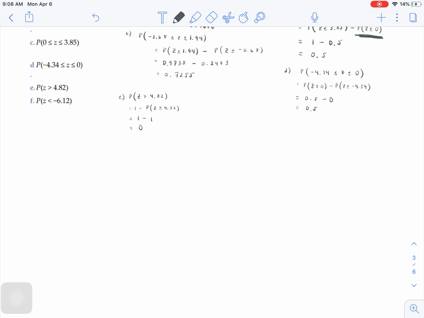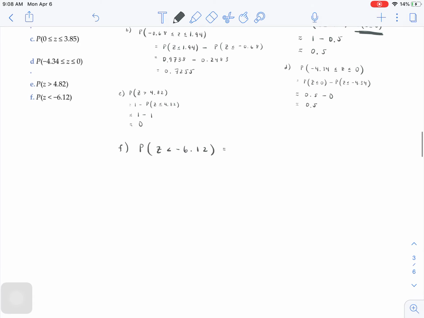Last one, part F. We want the probability that z is less than negative 6.12. So for any continuous distribution, like the normal distribution, we can treat less than signs and less than or equal to signs the same.